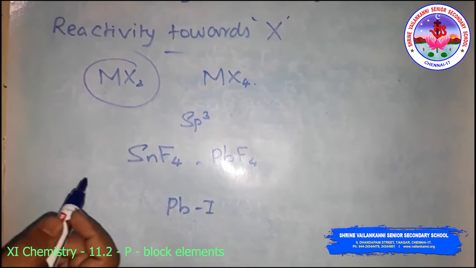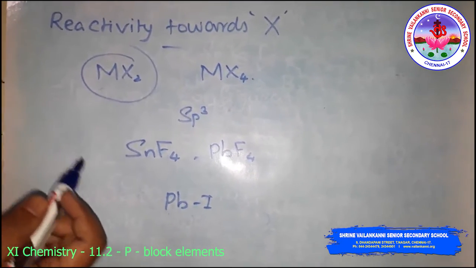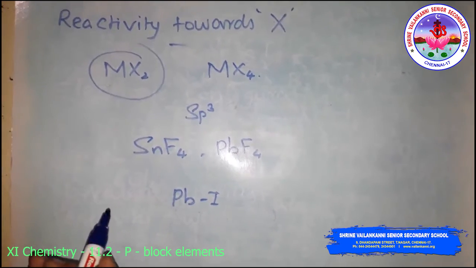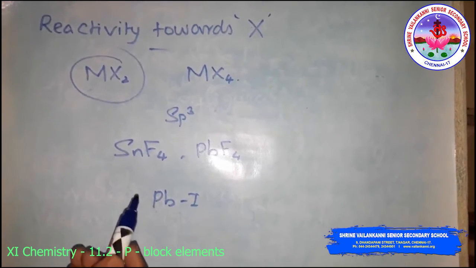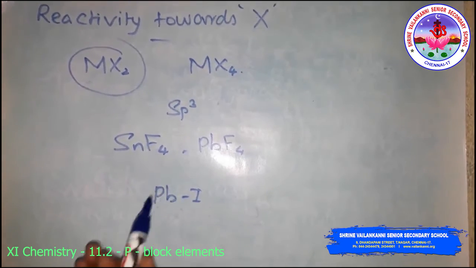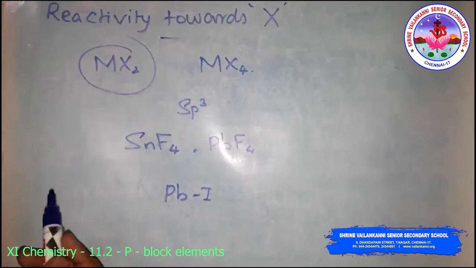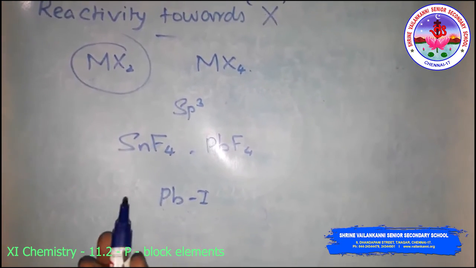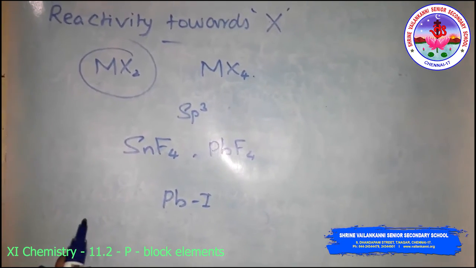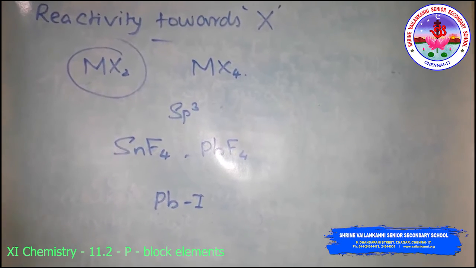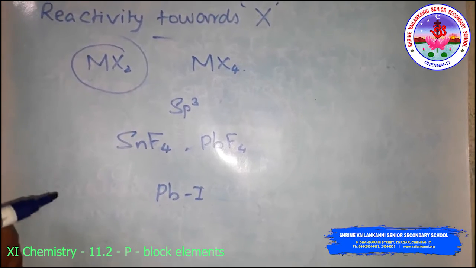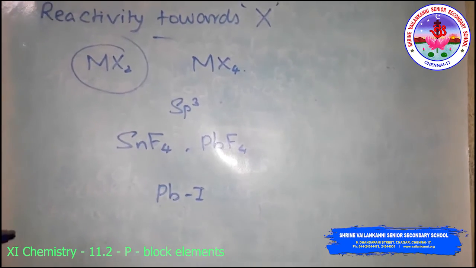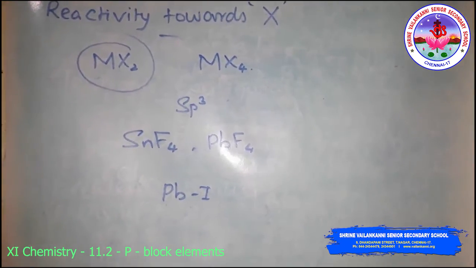Here the germanium tetrahalides are more stable than the germanium dihalides, whereas lead dihalides are more stable than lead tetrahalides. Except carbon tetrachloride, other tetrachlorides are easily hydrolyzed by water, because the central atom can accommodate the lone pair of electrons from the oxygen atom of the water molecule in its d orbital.